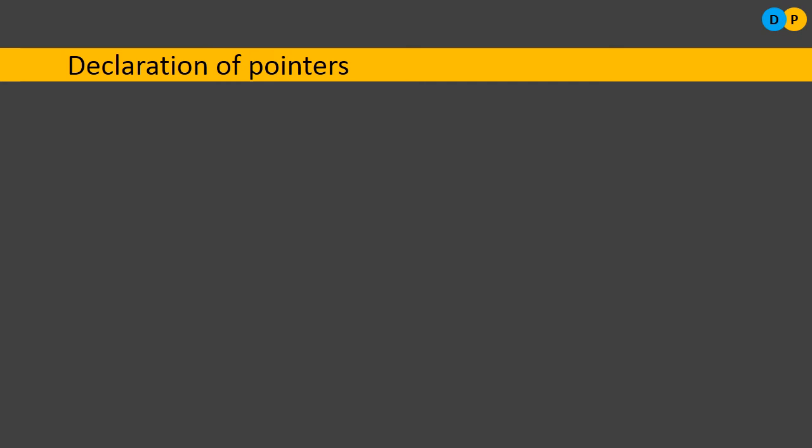Next, declaration of pointers. As we know, in our program, before using variables we declare them. In the same fashion, if you want to use a pointer variable, it needs to be declared before use. So what is the syntax? What is the general format of declaring pointer variables? The syntax goes like this.